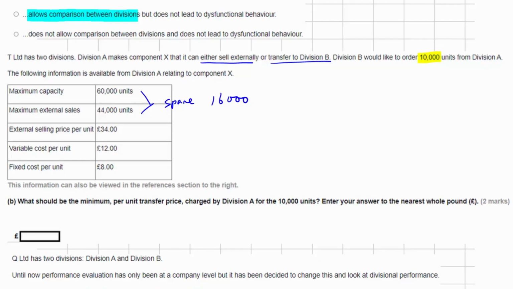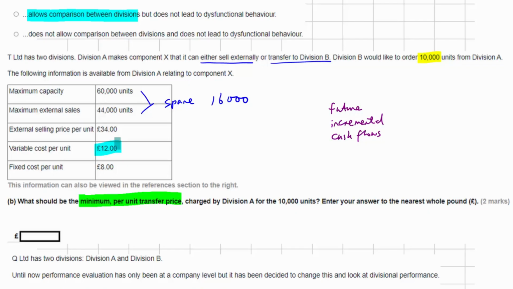What's the minimum unit transfer price that Division A should charge for these 10,000 units? Well, let's think about our relevant costs here. Remember that a relevant cost is a future incremental cash flow. So if we make a product which we're going to sell to Division B, then we need to incur some cost. So we will have to spend £12 to make that product.